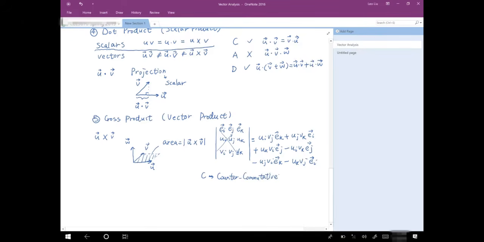So we add a counter here. That means the cross product of U and V is the negative of the cross product of V and U. So that's the meaning of counter. So we have a negative sign here.